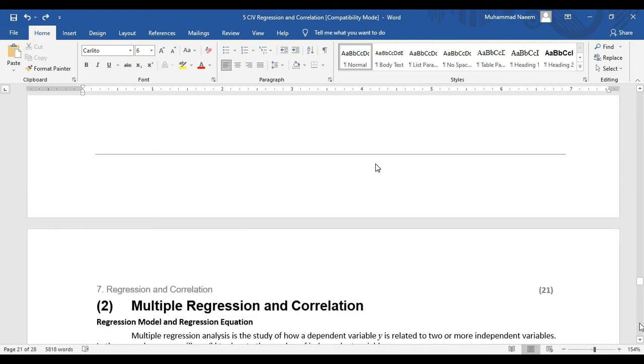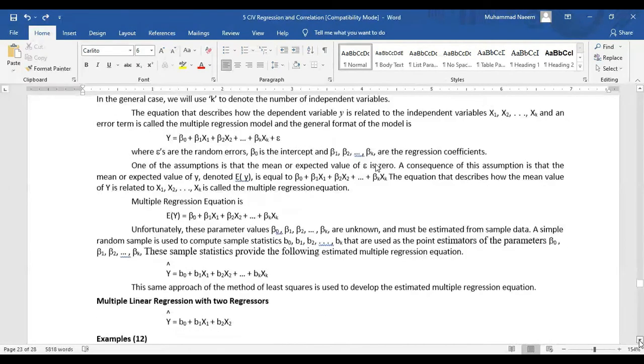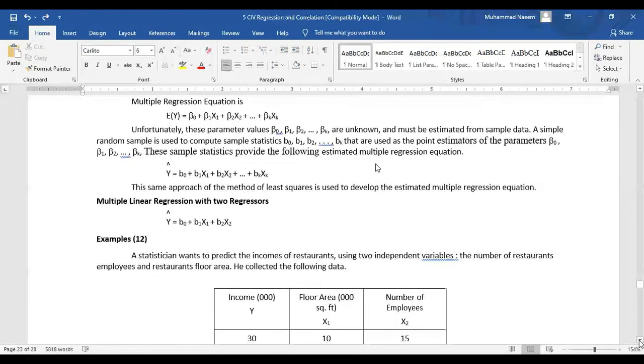Now we discuss multiple regression and correlation. Here again, in this case, we develop a relation of one variable with more than one independent variable of this form.